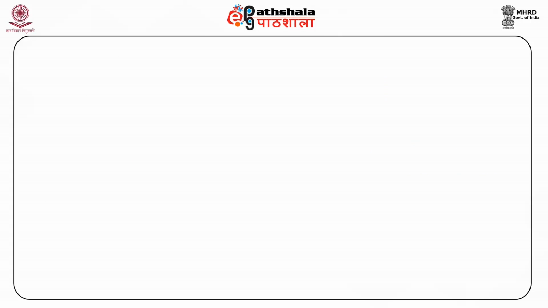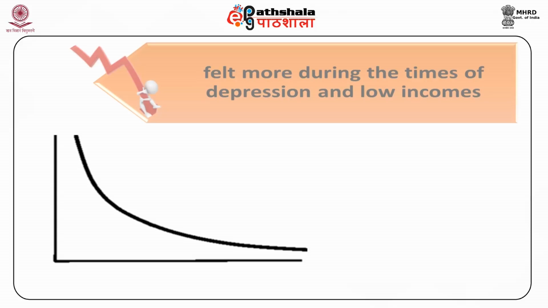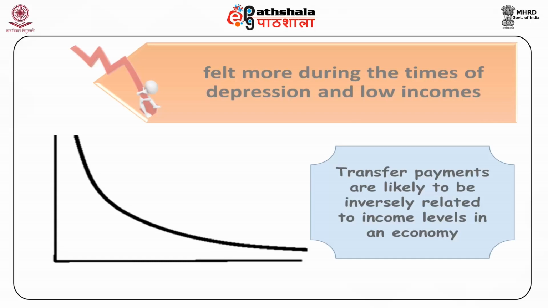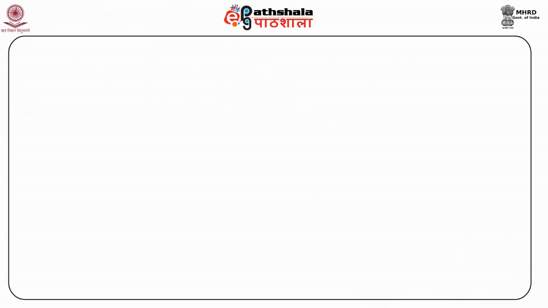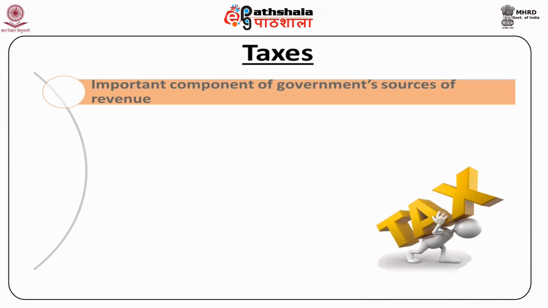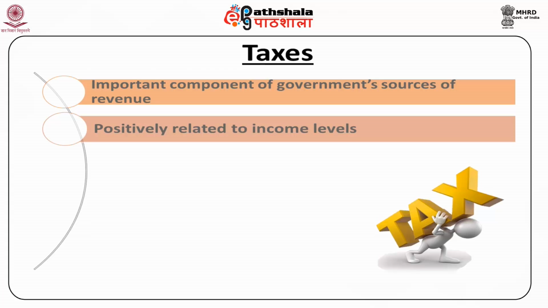The desirability of such payments is felt more during the times of depression and low incomes. Hence, the transfer payments are likely to be inversely related to income levels in an economy. Taxes, T bar, are an important component of government sources of revenue. These are likely to be positively related to income levels.